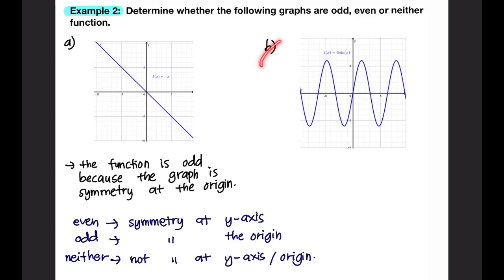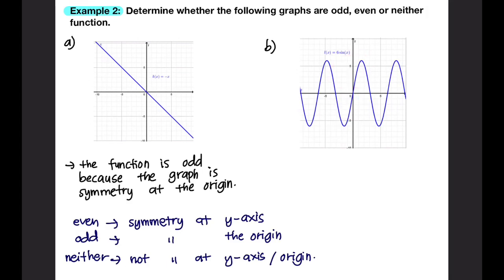Okay, for question B, try to put the symmetry line on the y-axis. If you put a mirror here, you can see that the reflection becomes like this. So this graph is not an even function. And then we check for odd function. We reflect the image at the origin.